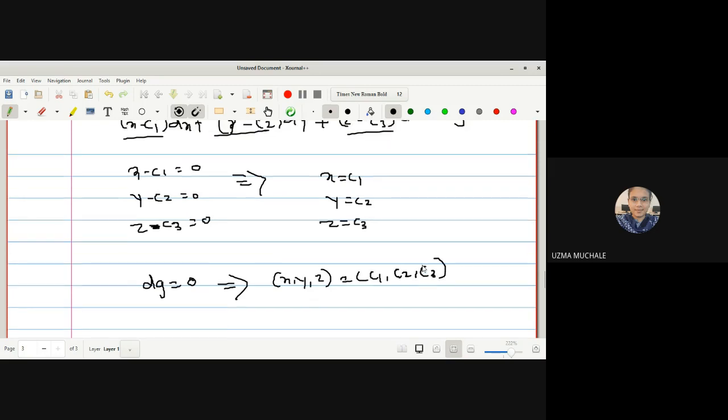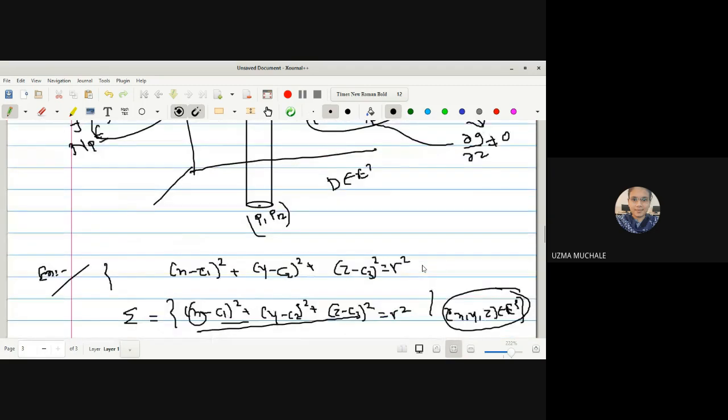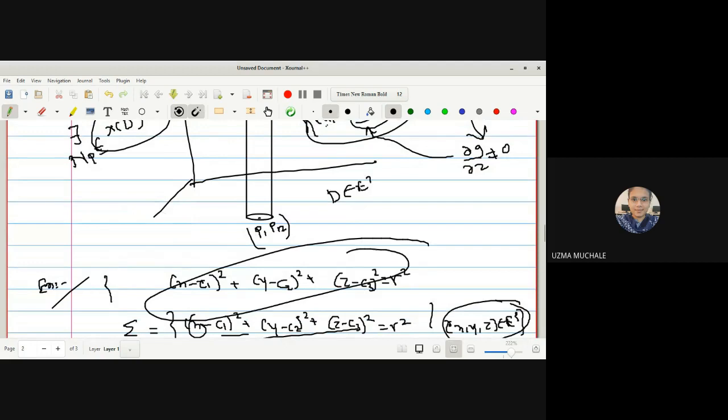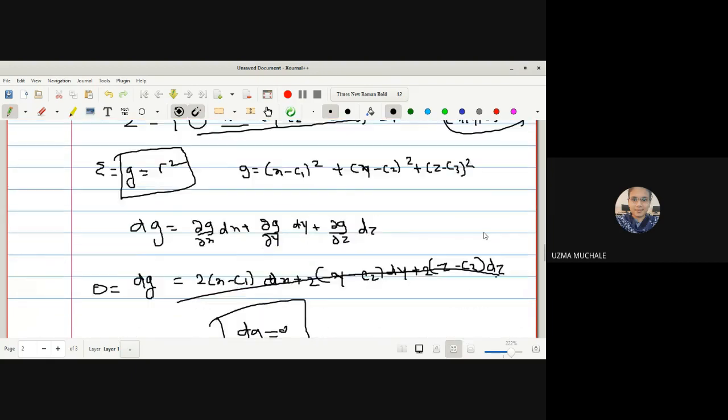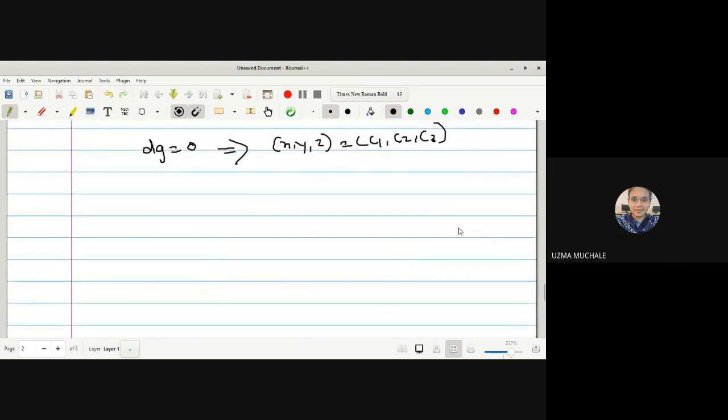But what is (c1, c2, c3)? Can you see the equation? Looking at this equation, it is the equation of a sphere with center at (c1, c2, c3) and radius r. So dg equals 0 only at the center.